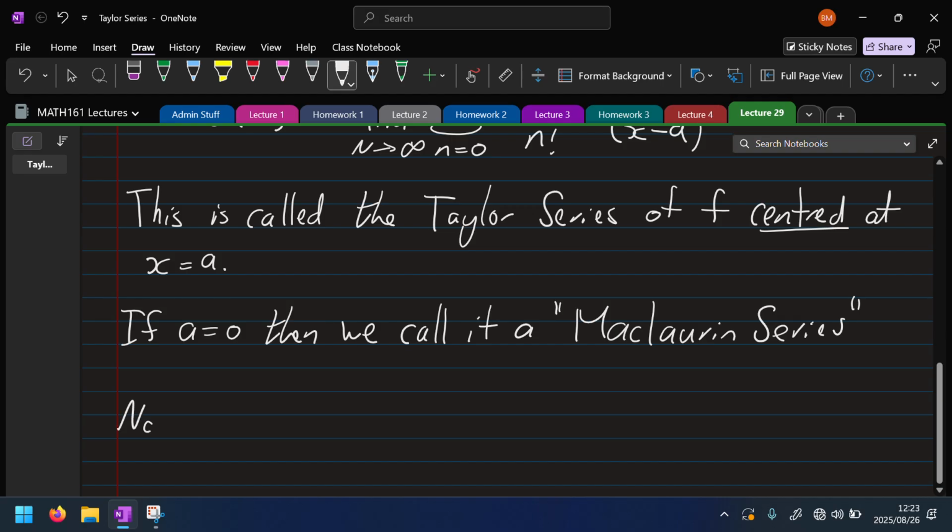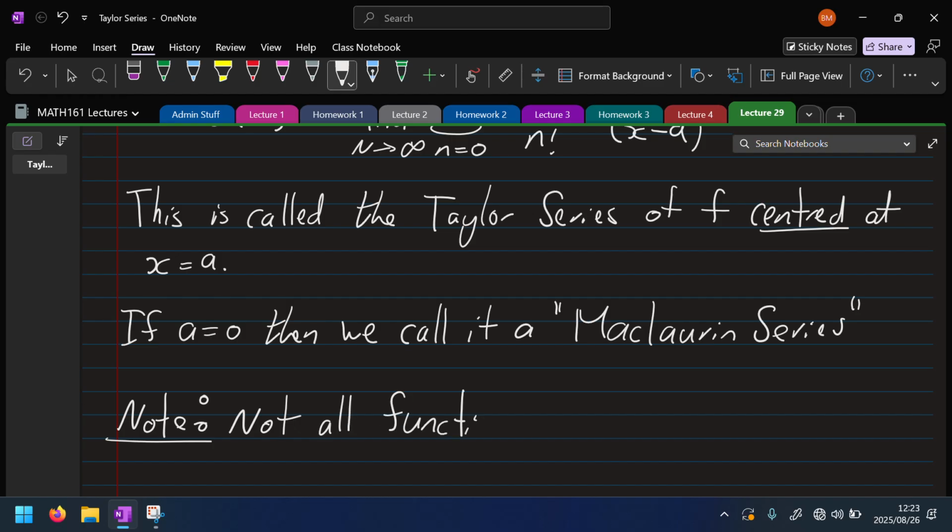Okay, now an important note, not all functions have a Taylor series. So some functions do have a Taylor series and we can calculate it. Other functions do not have a Taylor series and we can't do the calculation. So not all functions have a Taylor series.